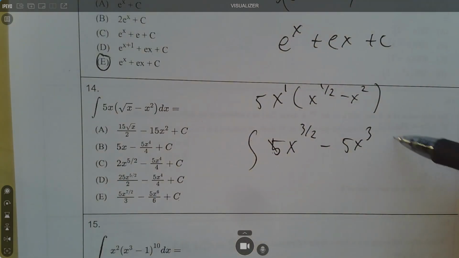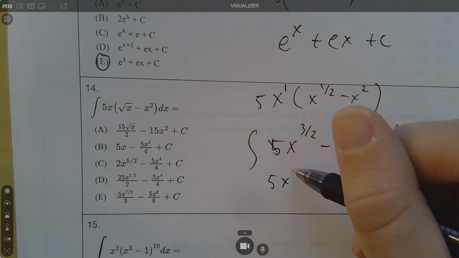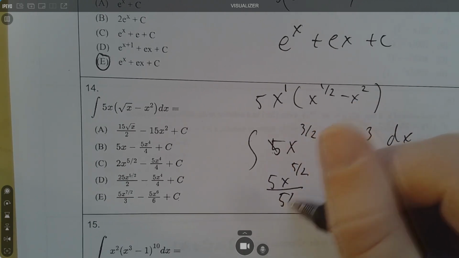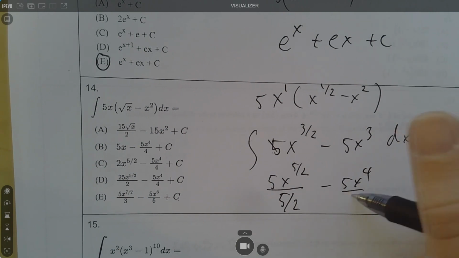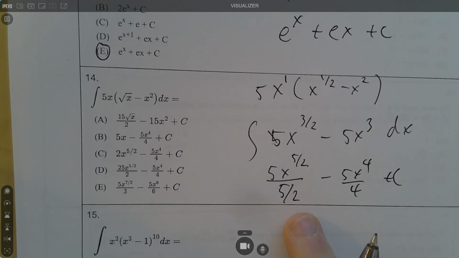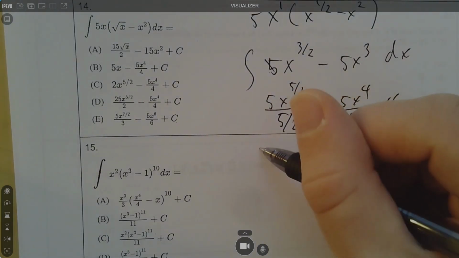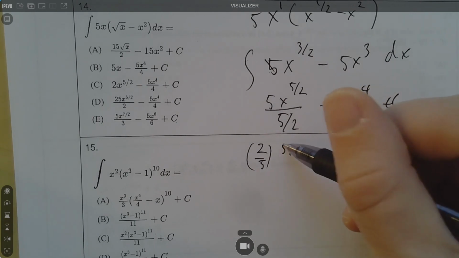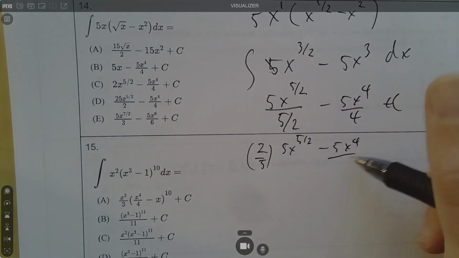Then we'll antidifferentiate this. We're going to get 5x to the 5/2 divided by 5/2 minus 5x to the 4th over 4 plus c. And so this we can flip it and multiply. It's going to be 2 over 5 times 5x to the 5 halves minus 5x to the 4th over 4.